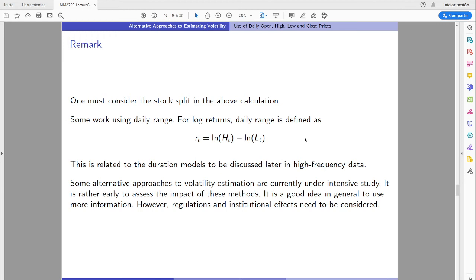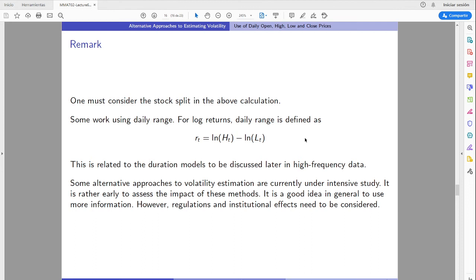There are different approaches to volatility estimation, but it's rather early to assess the impact of this. This is at a very early stage. It's a pretty complicated topic itself, so advances are slow and steady.